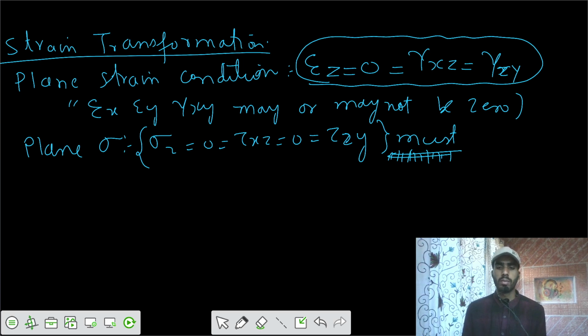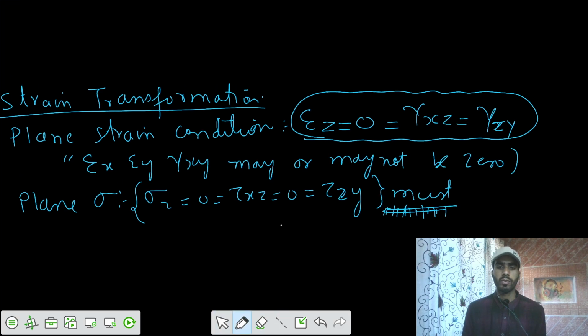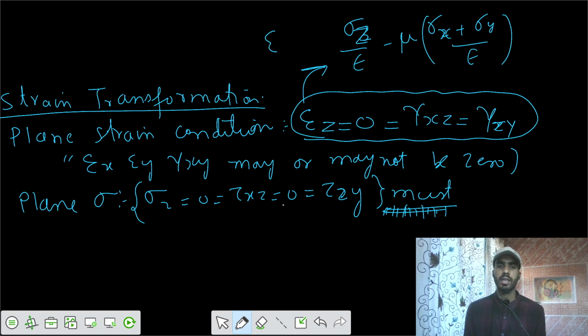Now from the Poisson ratio we know if the strain z is 0, that means sigma 3 by E minus mu times sigma 2 plus sigma 1, or we can keep it in the z direction: sigma z, sigma x, and sigma y by E. So this is our strain z. We say strain z has to be 0.